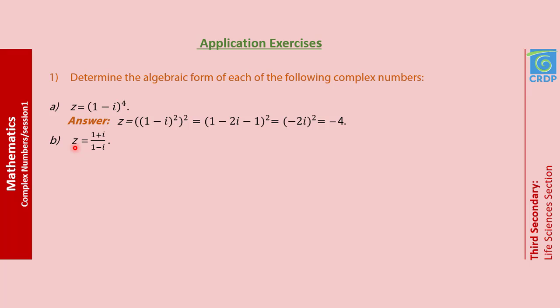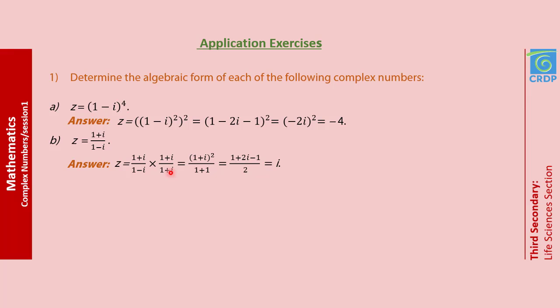Part B, same question, the algebraic form of the quotient 1 plus I over 1 minus I. We multiply and divide by the conjugate of the denominator, which is equal to 1 minus I, that is 1 plus I. We multiply and divide by 1 plus I. 1 plus I into 1 plus I is equal to 1 plus I squared. 1 minus I times 1 plus I is equal to 1 minus I squared.